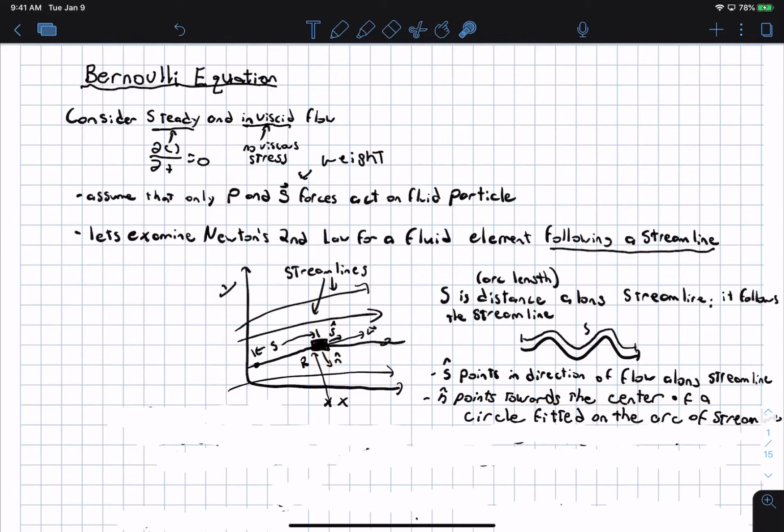If you remember from calculus, any curved line you can fit a circle to at a point, and the radius of that circle to the center is the radius of curvature. Here I call that r, the radius of curvature.